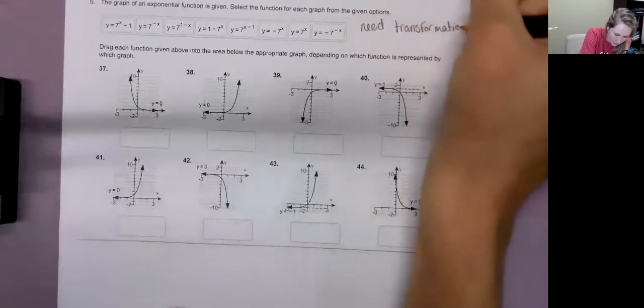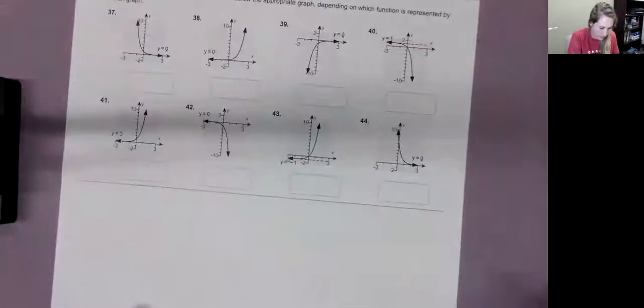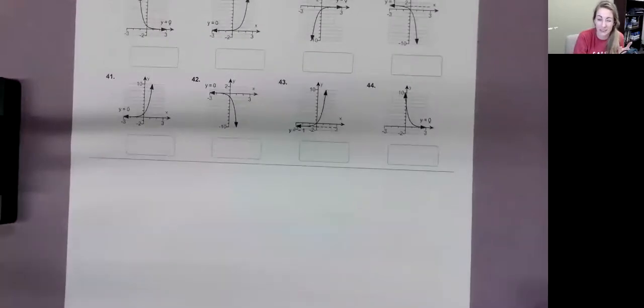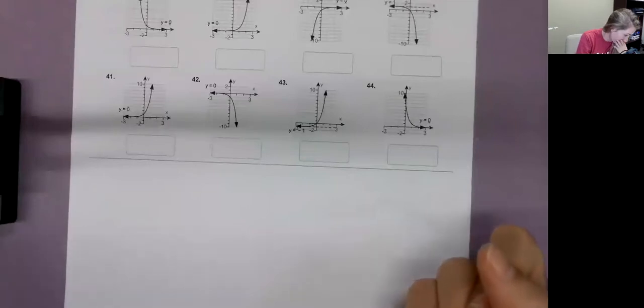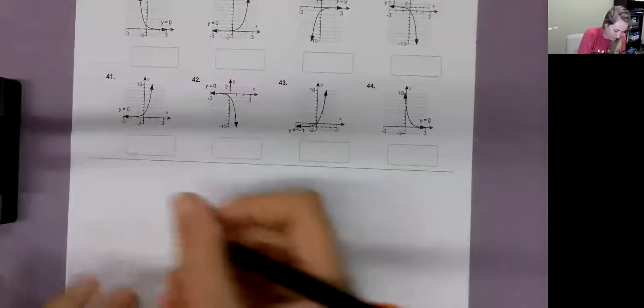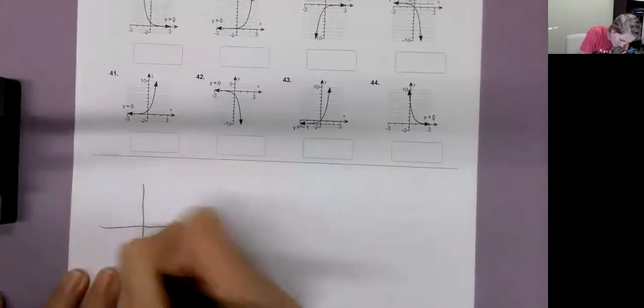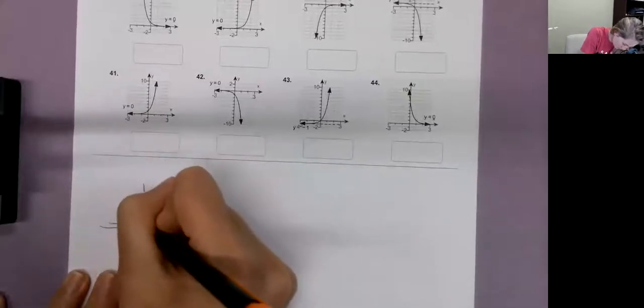And then on the little paper, I have the graph of a normal exponential graph, and a normal exponential graph does this.